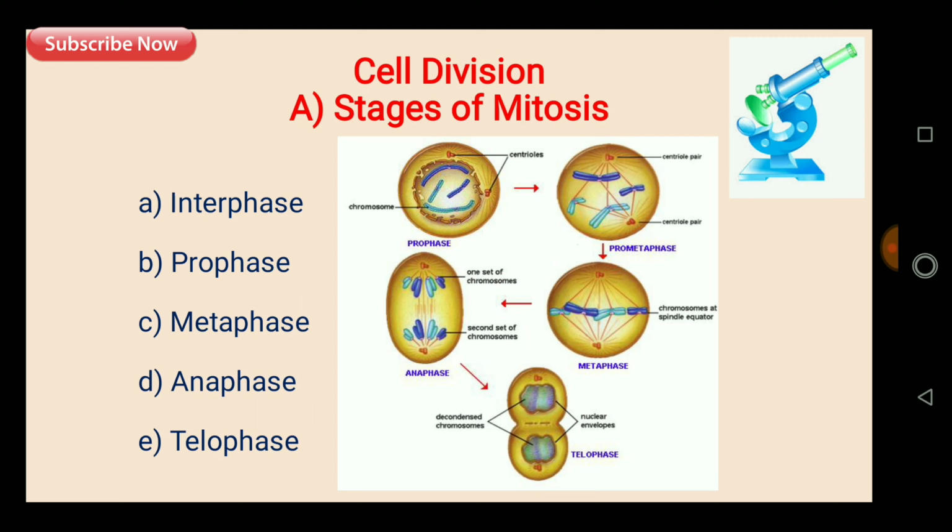As I just told you, there are 5 stages of mitosis. In the interphase, the chromosomes are in a resting condition, and when the cell enters the prophase, in the M-phase of the cell cycle, the chromosomes look like thread-like structures and undergo coiling. These are the events of the prophase.